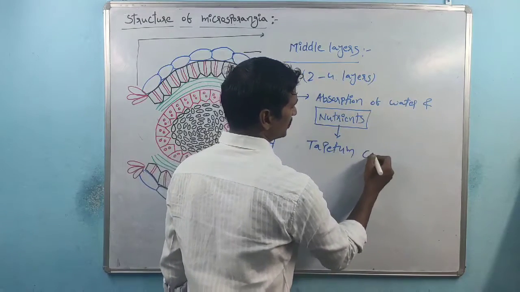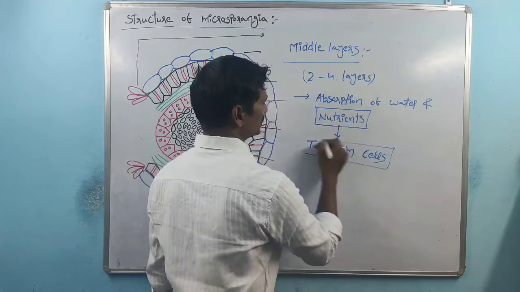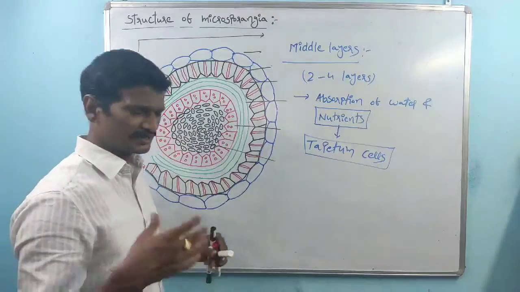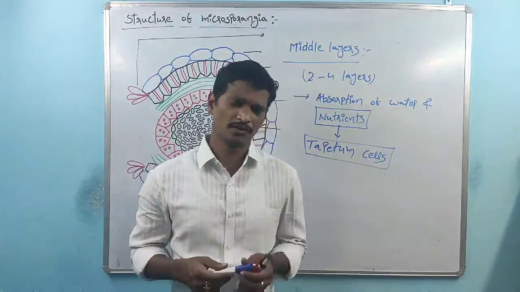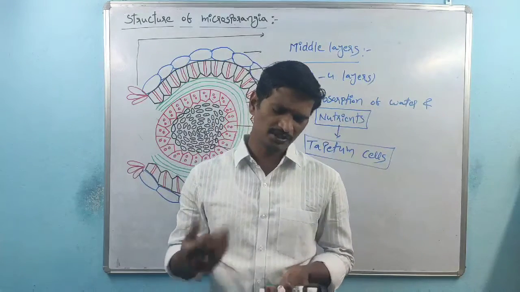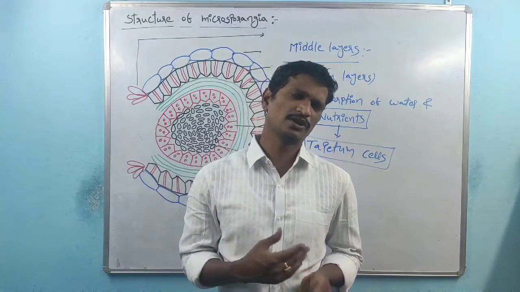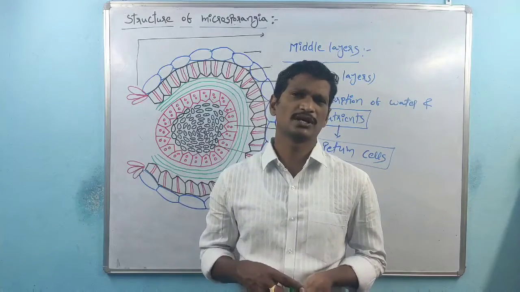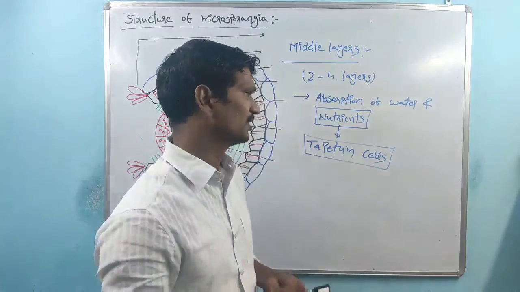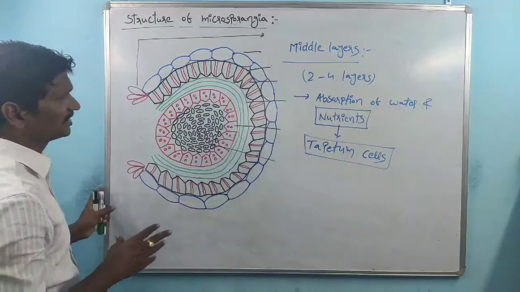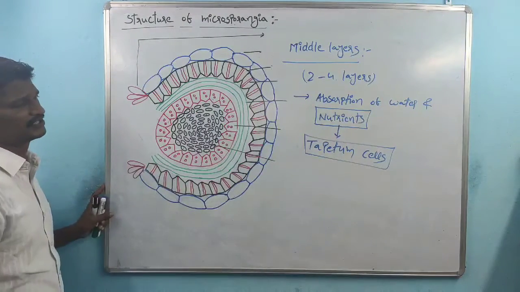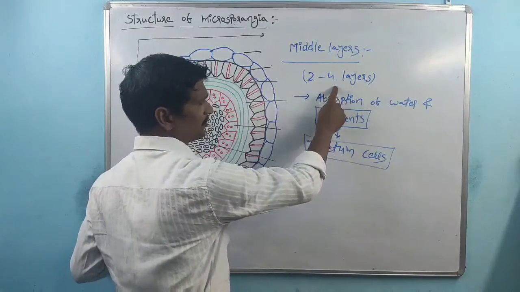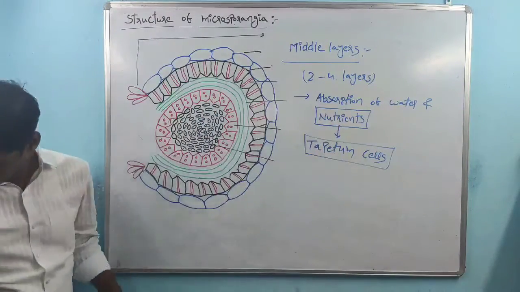After that absorption process, these water molecules and minerals are supplied to the tapetum cells. Remember, the number of middle layers is very important. That is about the middle layers.